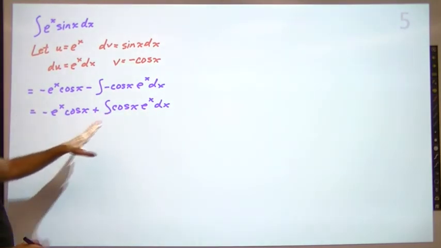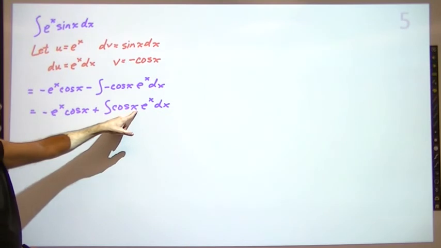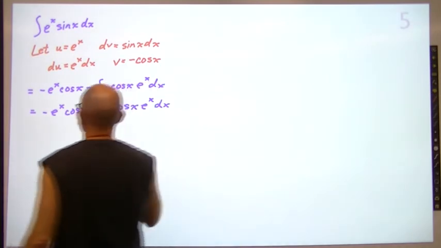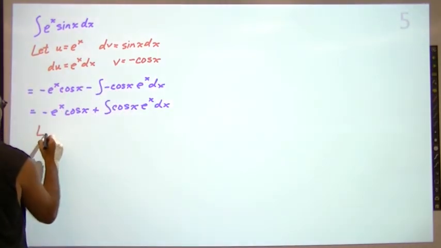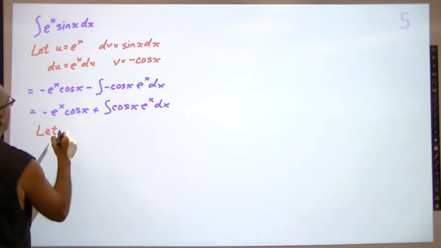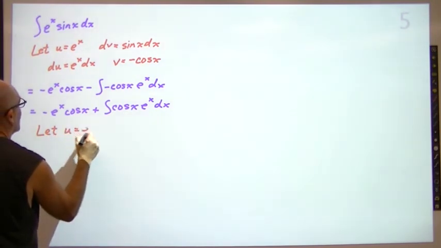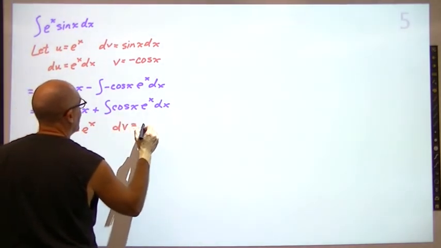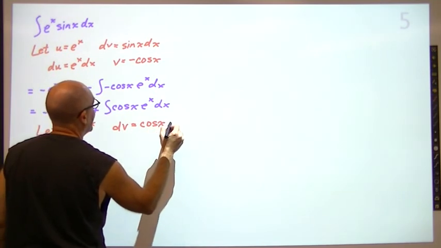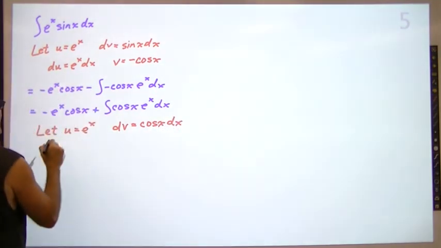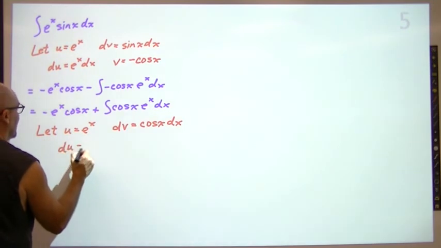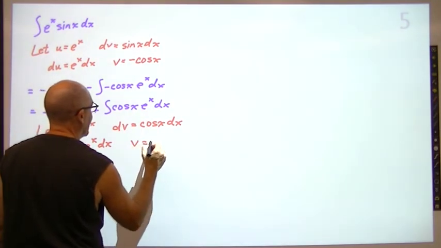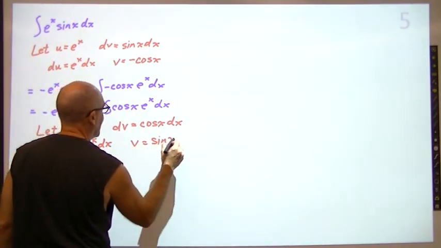Now, we need to do this again, only we're going to let u equal e to the x and dv equals cosine x dx. Okay, now du is e to the x dx, and v is going to be sine x.